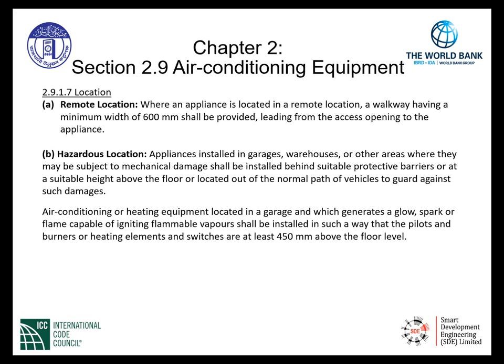Air conditioning or heating equipment located in a garage and which generates a glow, spark, or flame capable of igniting flammable vapors shall be installed in such a way that the pilots and burners or heating elements and switches are at least 450 millimeters above the floor level.